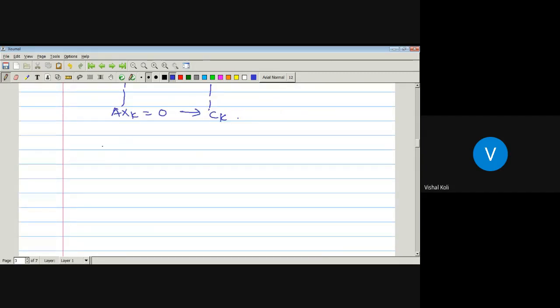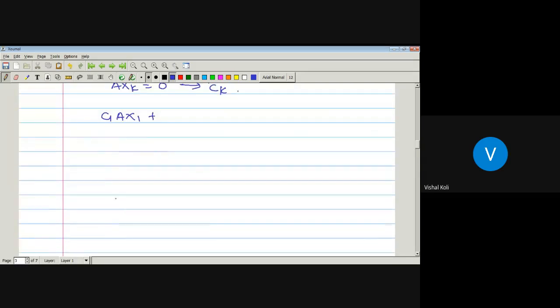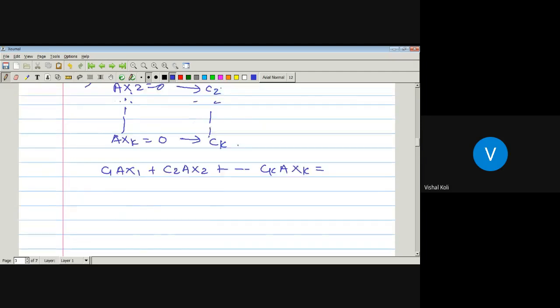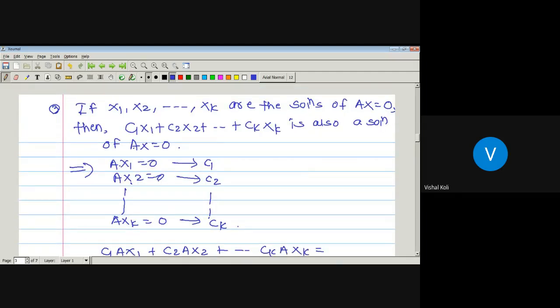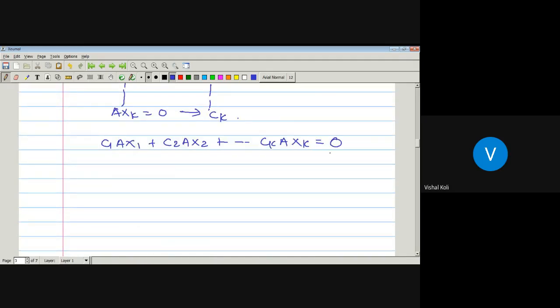We get C1Ax1 plus C2Ax2 plus up to so on CkAxk. And the right hand side will be 0 into C1, 0, 0 into C2, 0, up to so on 0 into Ck, again 0. So this will be a null matrix only.